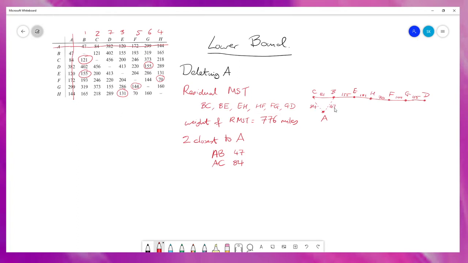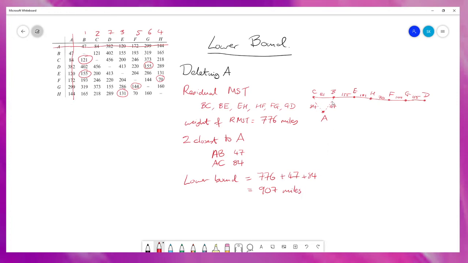I'll explain why once we're done. What you then do to find the lower bound is you take your residual minimum spanning tree and add these two lengths. And we get 907 miles.